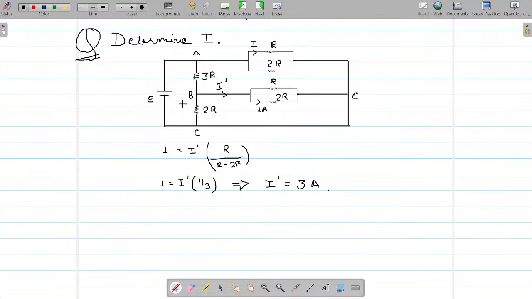If there is a current of 3 amperes flowing in this branch, can I calculate the current here? Let me name it as I double dash. Can we do that?